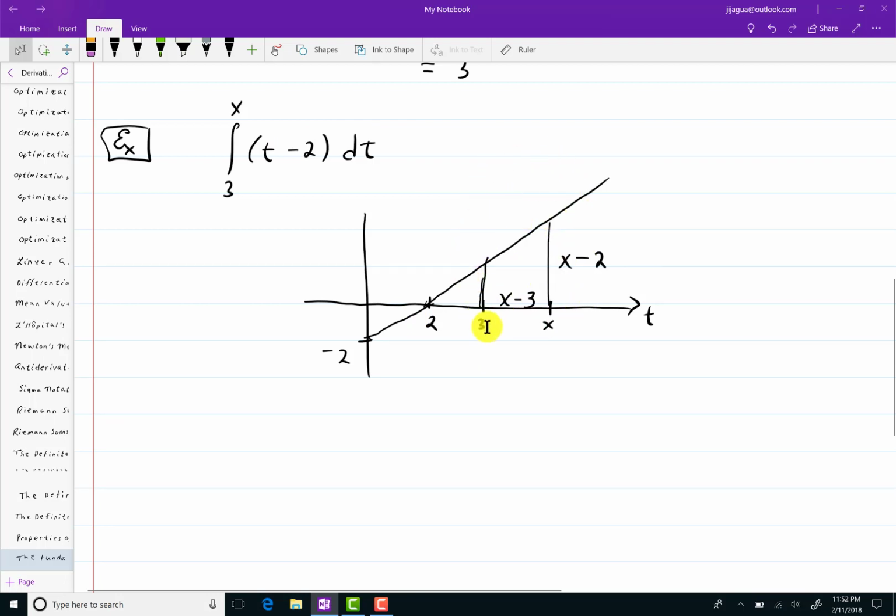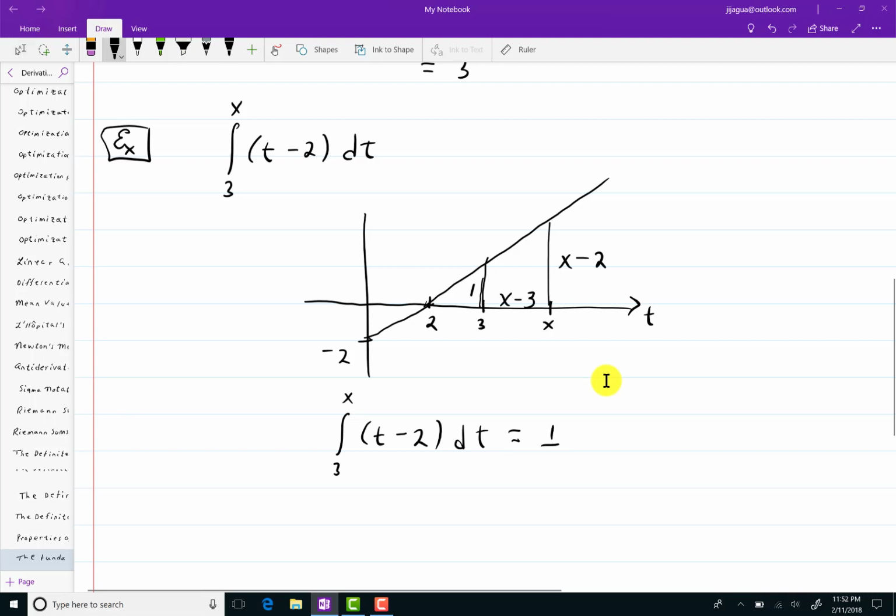Well, one of the formulas for the area of that trapezoid is one that's kind of like a triangle area. It's kind of like a triangle, except you've got a lower base and an upper base. The lower base has height 1 for t of 3. So anyways, the formula for a trapezoid goes like this.